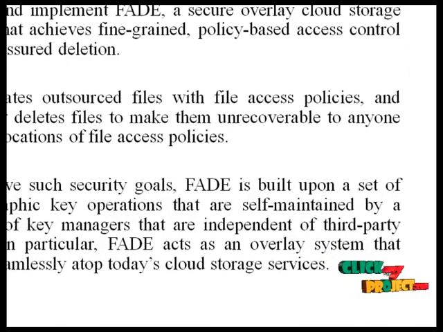In the FADE network we use encryption and decryption for file accessing and policy-based accessing. After the policy date is completed, there is a renew process, and only the particular person can access the file. There are many objectives we have to follow in this process.